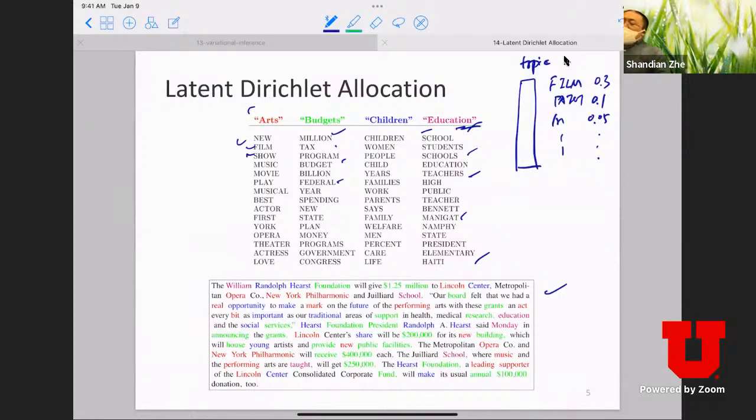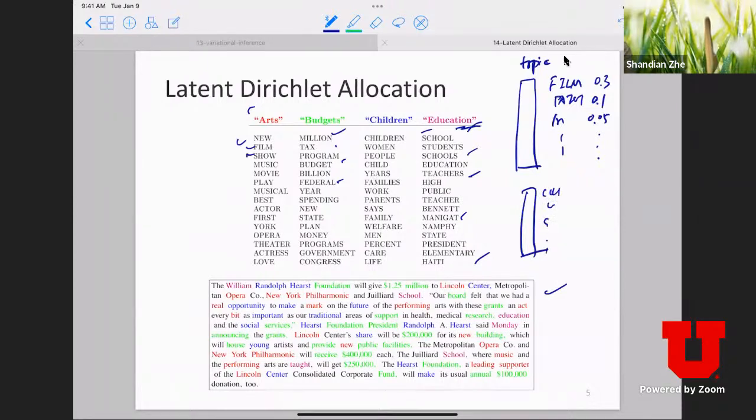And similarly, when we look at the text that talks about education, the probability of each word that appears in that text will vary as well. In this case, the most frequently appearing words might be college, university, students, and those words.